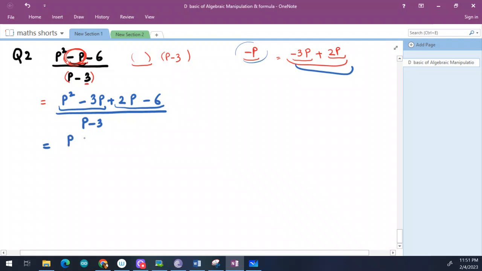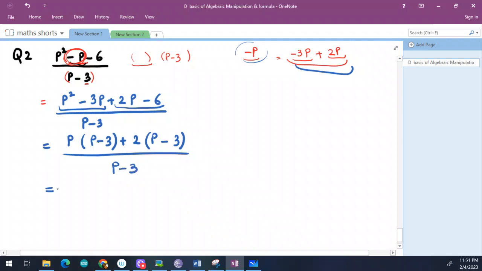When we take p as common, we get p minus 3, plus, here you can take 2 common. When we take 2 common, p will be left here, and from 6 we will get 3 here, with minus, over p minus 3.